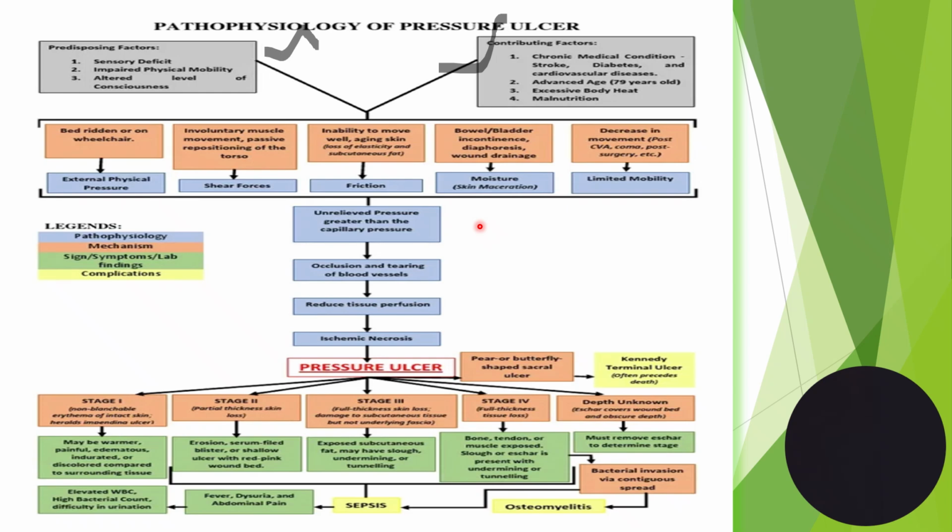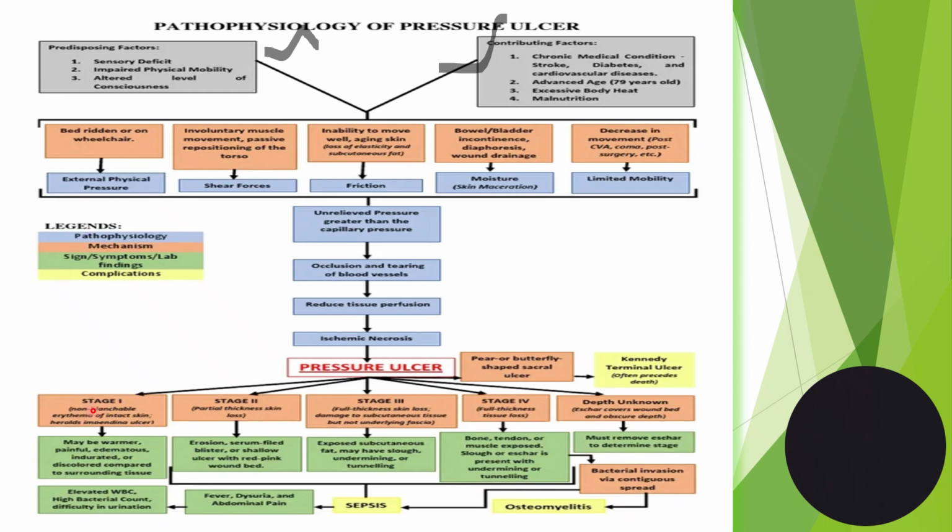There will be a tearing off or occlusion of the blood vessels, so that it may lead to less blood supply and then reducing the tissue perfusion, which may lead to the necrosis or ischemia of the skin, which may cause the pressure ulcer.